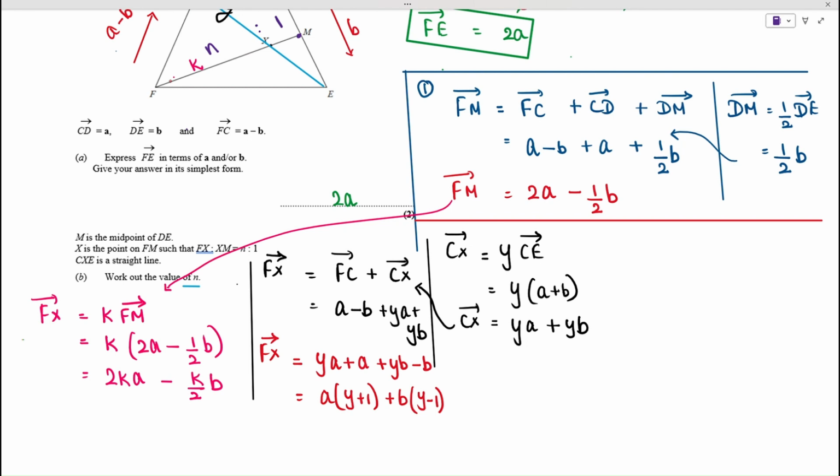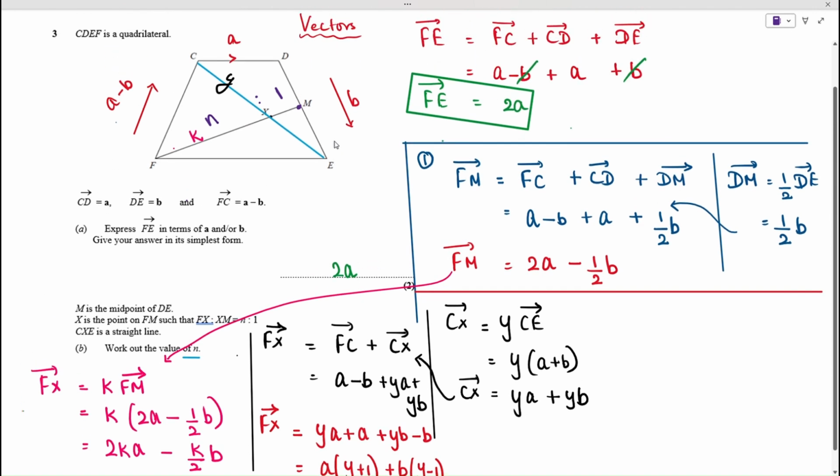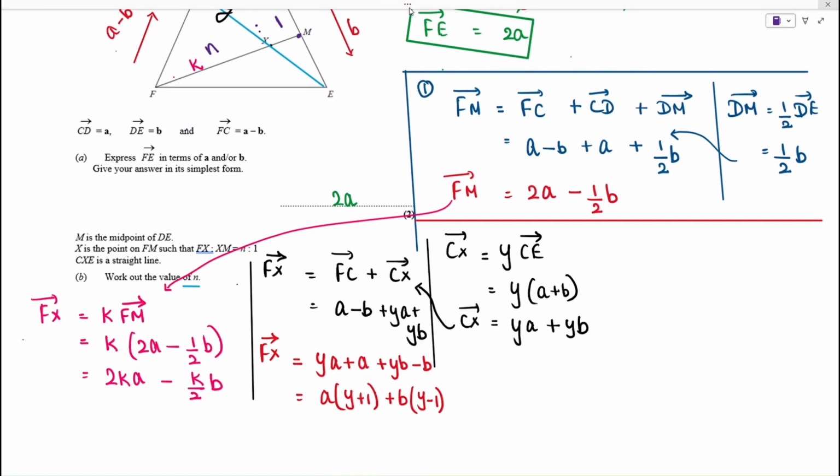And so now we have two different routes for f to x. On the left hand side here we have f to x is equal to 2ka minus k over 2b, and we're going to label this as equation 1.